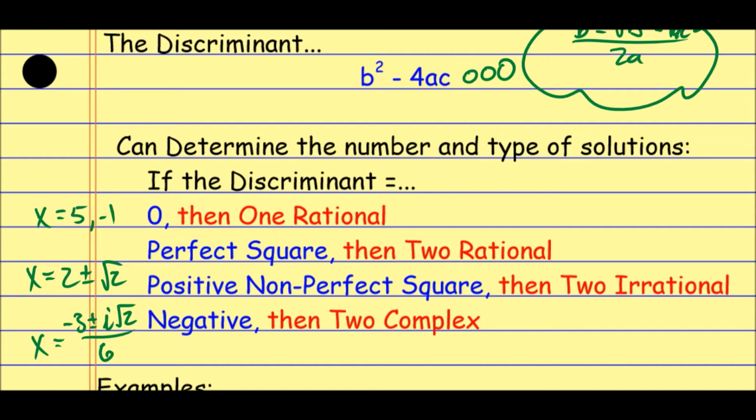And so you could actually just solve the quadratic completely, look at what kind of answers you get and say, oh, I have this many answers, 1 or 2 answers. And then what kind of answers? Do I have radicals? Is it irrational? Do I have imaginary answers so they're complex? Okay? So even if you forget the discriminant, you can always find the solutions and determine what kind of answers you have.